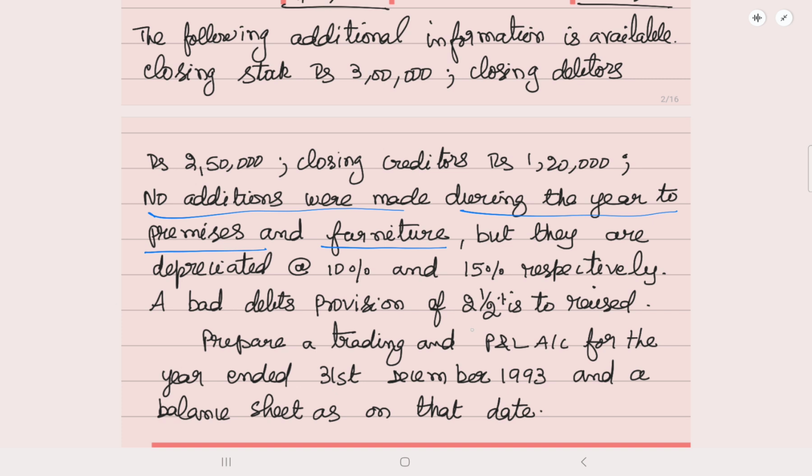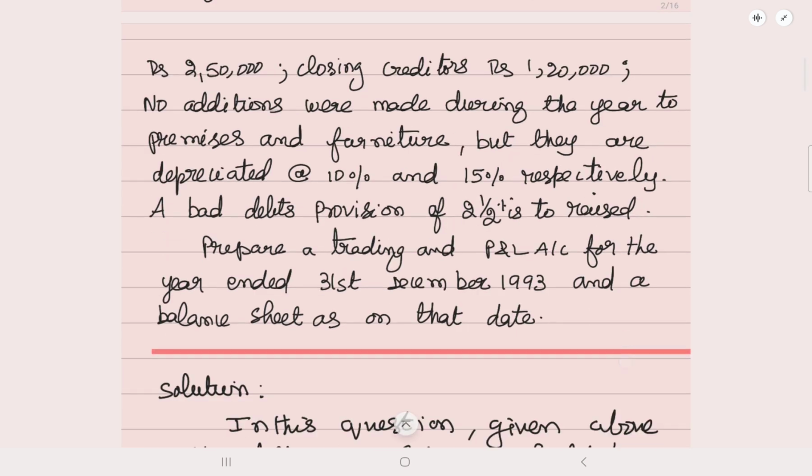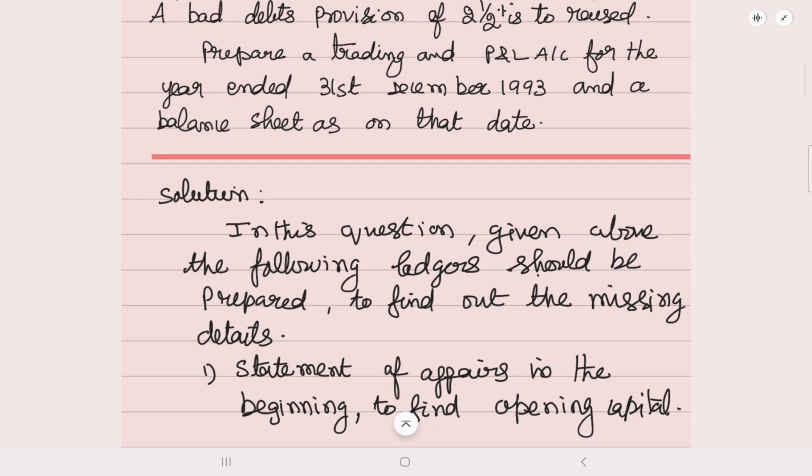A bad debts provision of 2.5% is to be raised. Prepare a trading and profit and loss account for the year ended 31st December 1993 and a balance sheet as on that date.